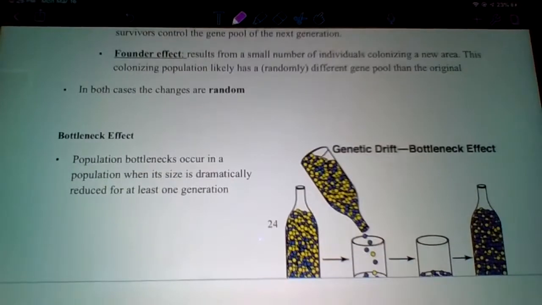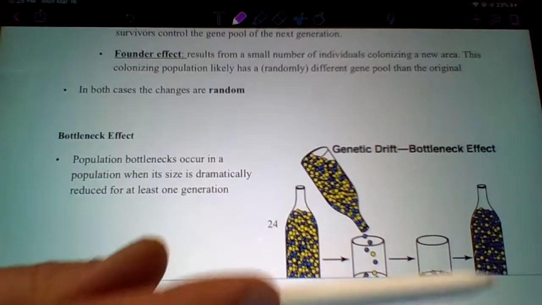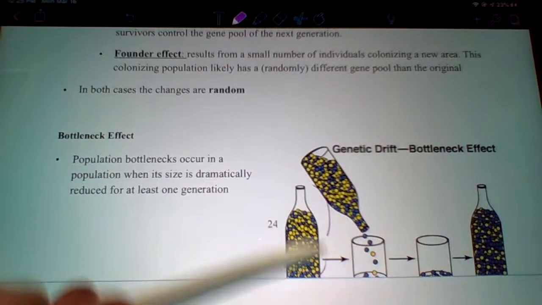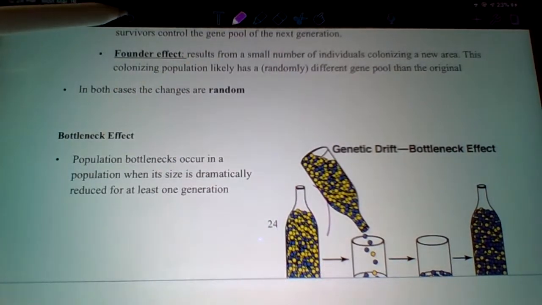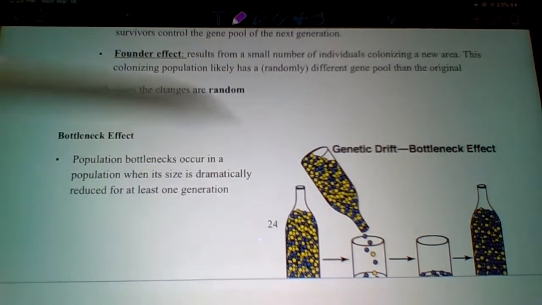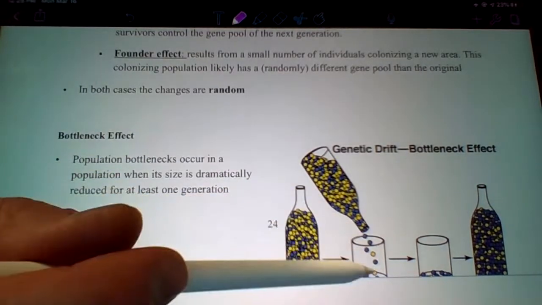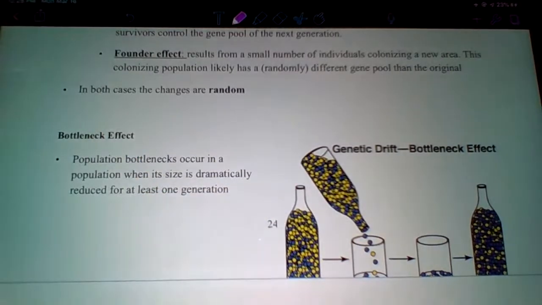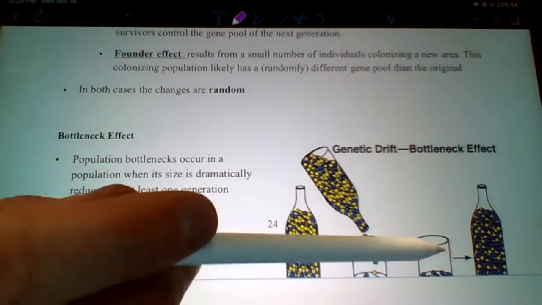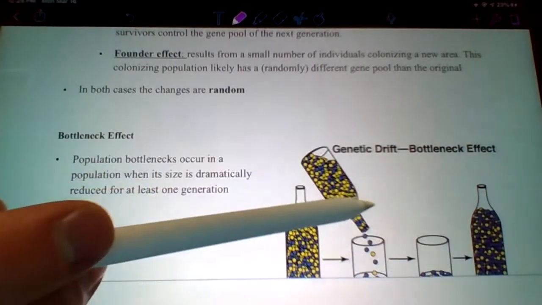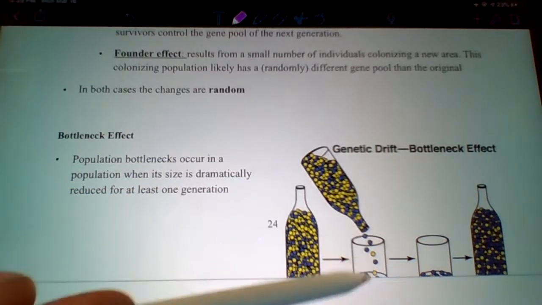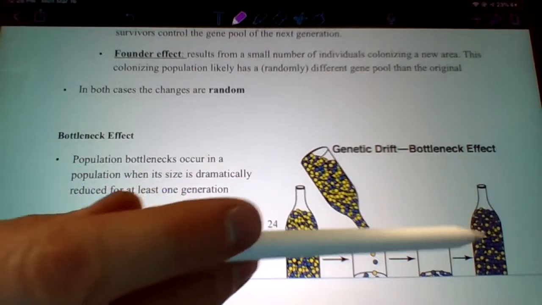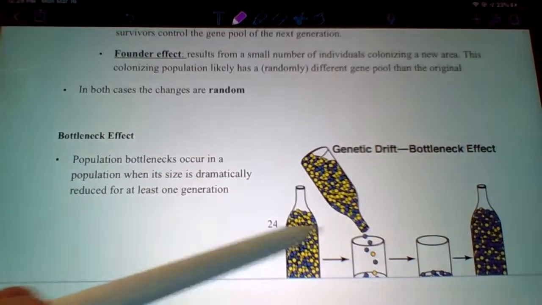So let's talk about the bottleneck here. Here you can see an example of a bottleneck occurring. We have a large vial of beads. They range from blue and yellow, and they seem to be about 50-50. And then when we shake out just a random small amount of beads and then use the ratio of beads to reproduce the next population, where we're representing a limited number of reproducing individuals, we find that the resulting population has a new composition.